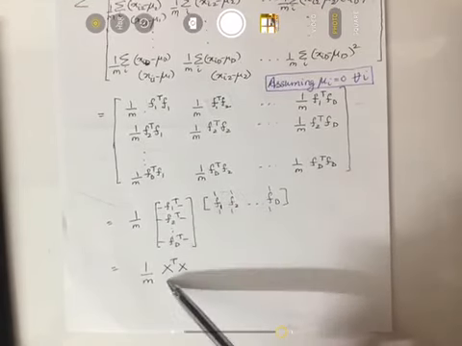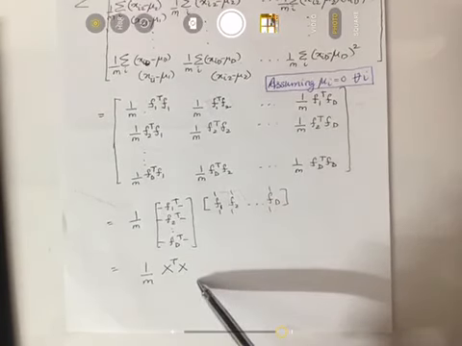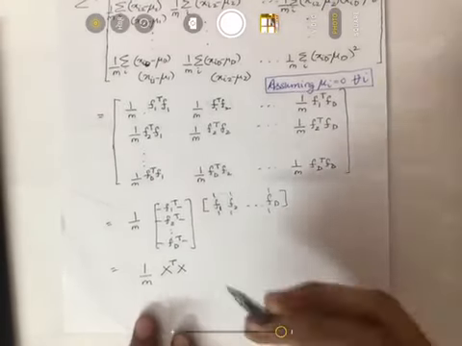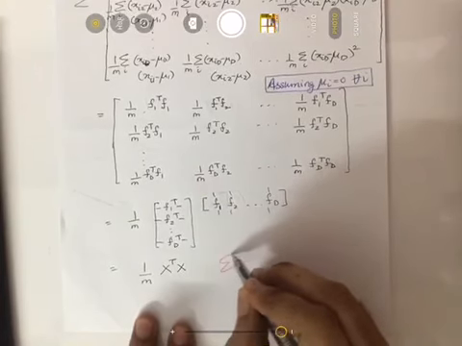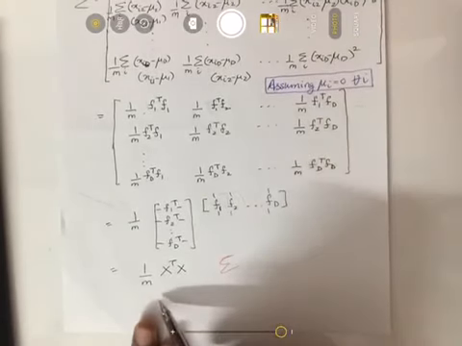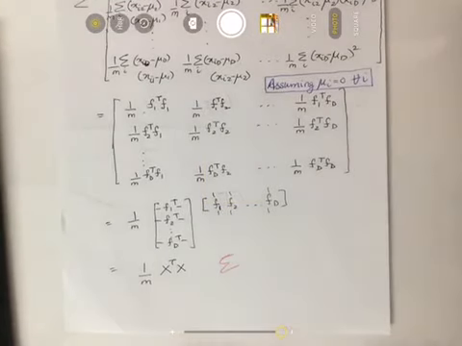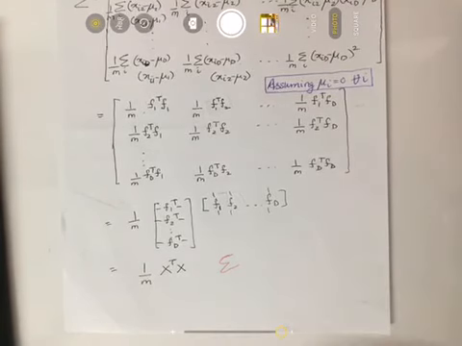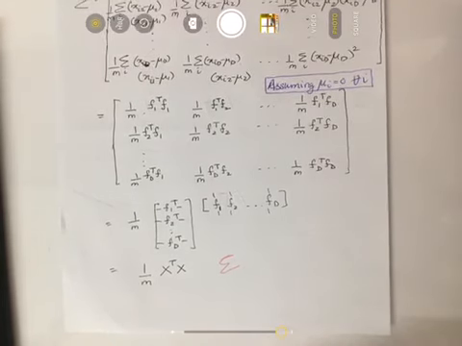This is nothing but capital X transpose, and this is nothing but capital X. So the covariance matrix sigma can be written in a concise form as 1 by m X transpose X. So this is the end of our clip on just the notation for principal component analysis. Thank you very much.